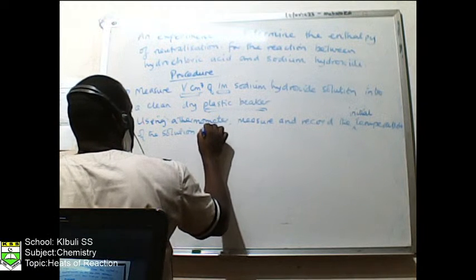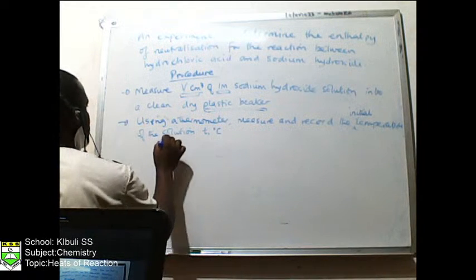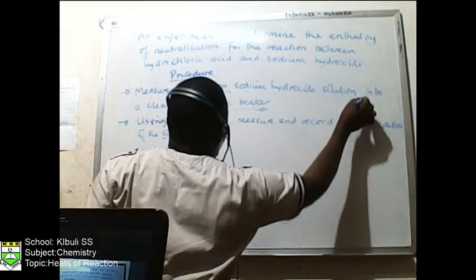Let's call it T1 degrees Celsius. That's the temperature of the solution of sodium hydroxide.